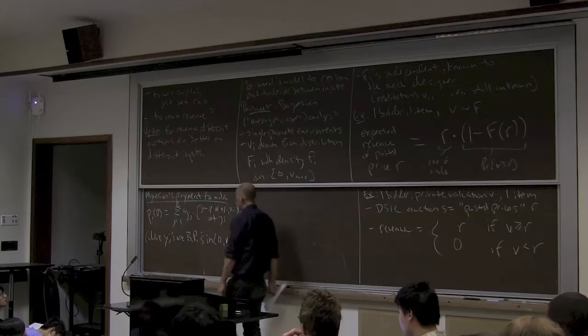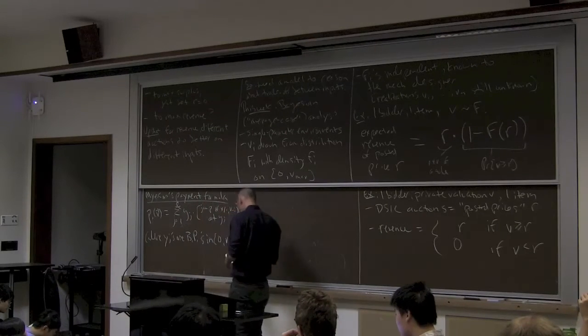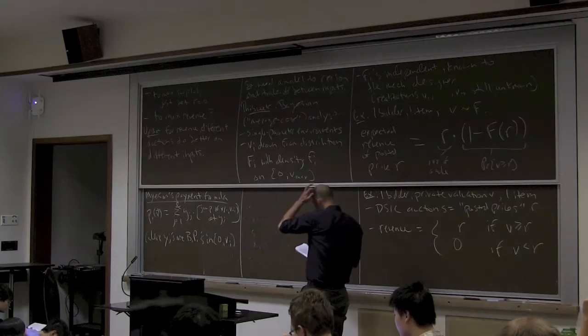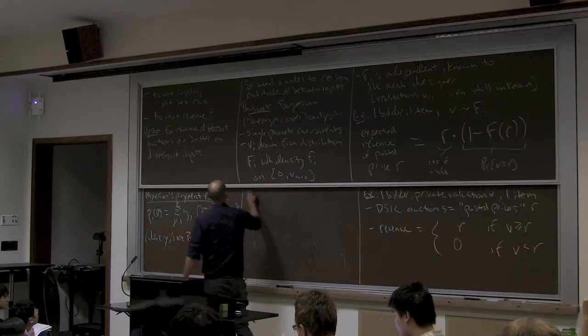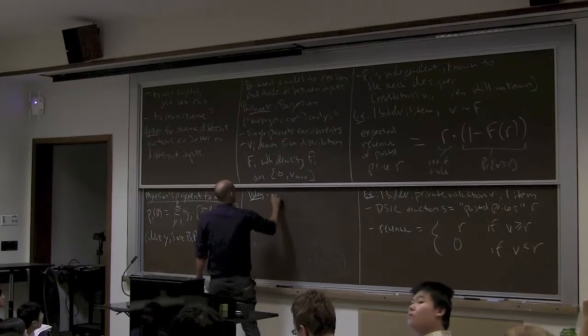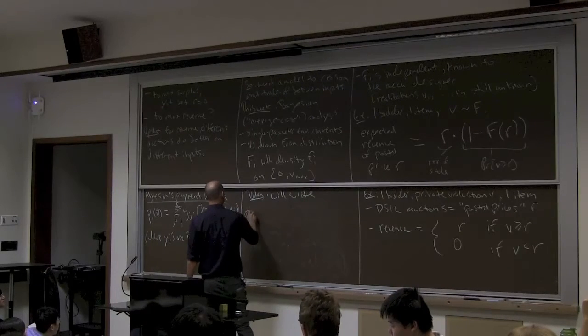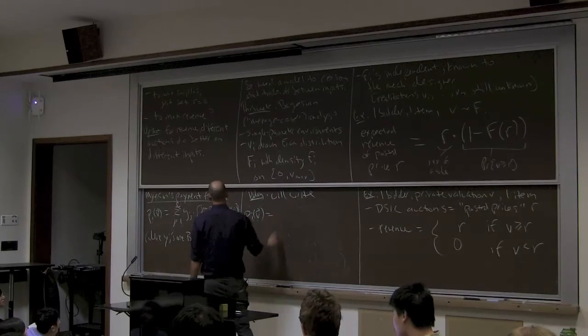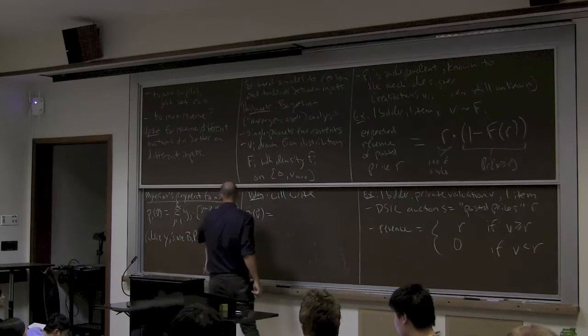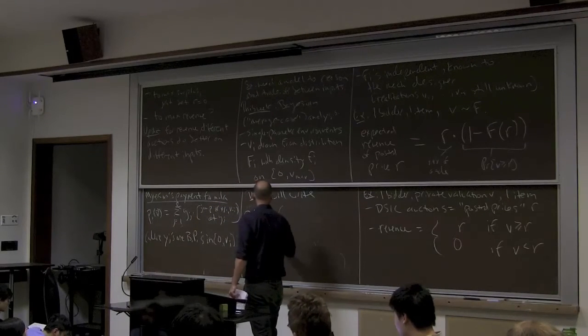Today I'm going to write it a little bit differently, okay? And I'll tell you why. I'm going to write it in a continuous form. So rather than a sum over breakpoints, I'm going to integrate over an integral.